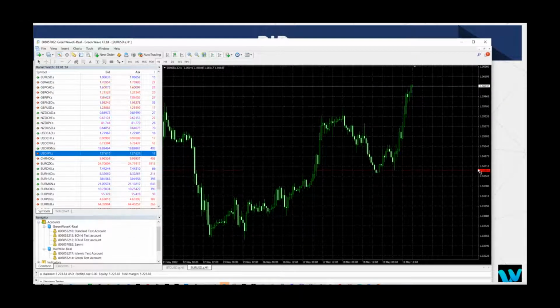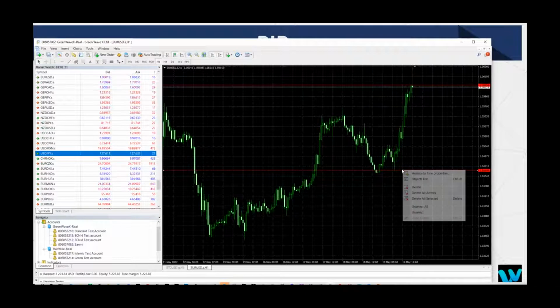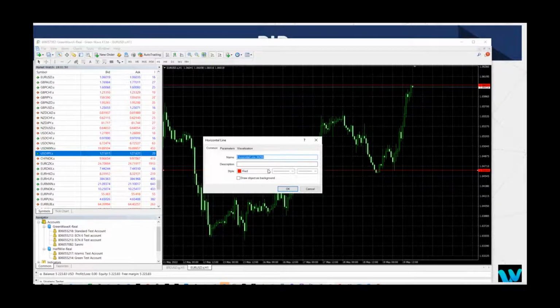Can you see it? I can pick another one and put it here. We have vertical and all the other ones. I want to use this horizontal to pick 2 points and stick them there. But let me change this from red to yellow.